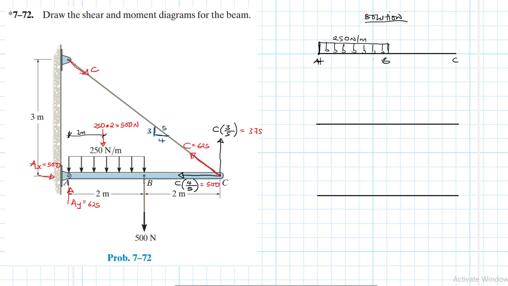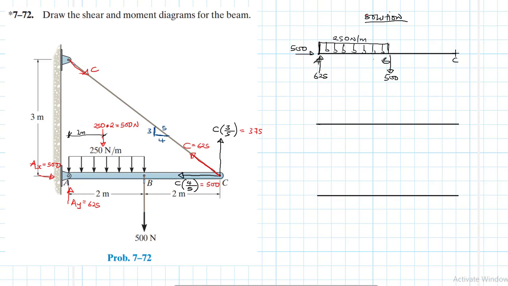And then we have 625. Then we have a 500. Then we have a loading here at B, which is a 500 also.